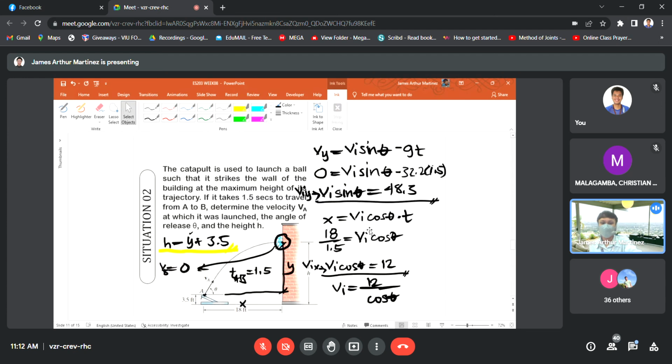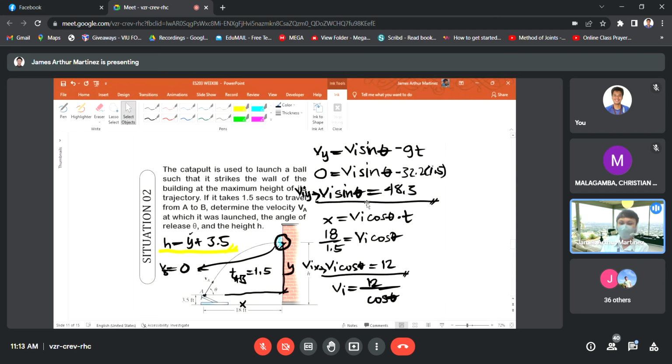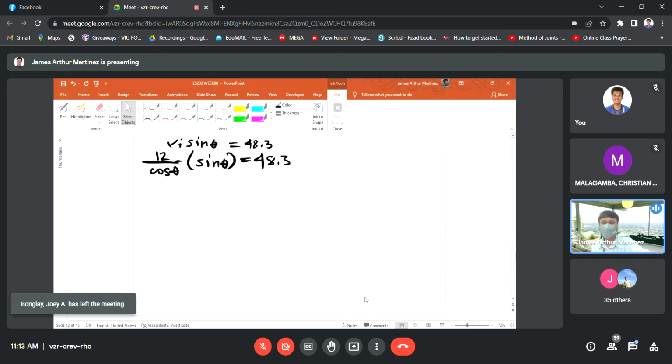Let me write it so you can follow: Vi sine theta is 48.3, then we substitute Vi as 12 over cosine theta, so we'll have this equation.